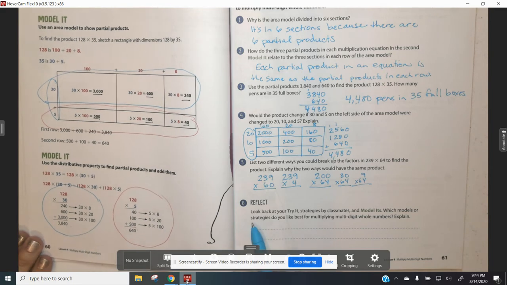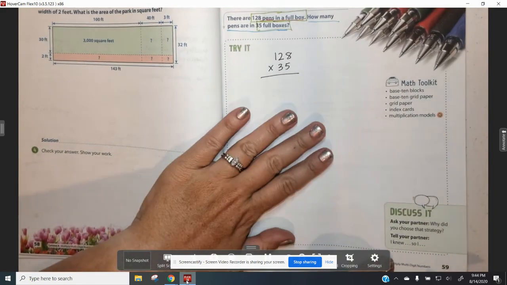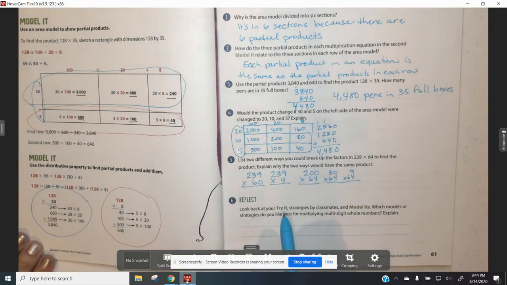So looking back at your try it, way back here when you did this problem, many of you probably used area model. And then we've talked a little bit about partial products. I'm going to show you a little bit more when we get to the next page. As it stands right now, which model or strategy do you like best for multiplying multi-digit whole numbers?